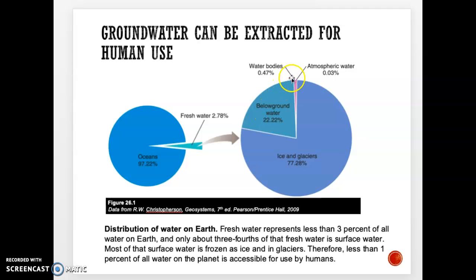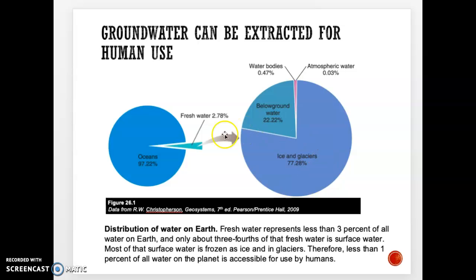And then a very, very small slice of it is going to be found in the atmosphere, and that's what actually would comprise the precipitation that the planet can experience through various forms of weather and phenomena. And then only close to 0.5% is found in freshwater bodies. And so we're going to take a look at that too.